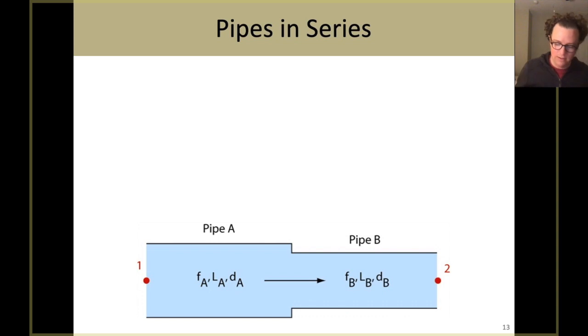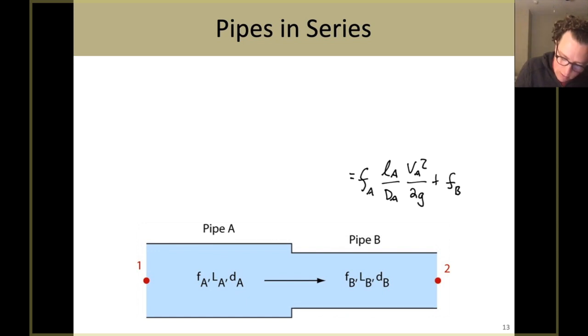So if you wanted to know the total head loss, you could do the friction factor in A, length of A over diameter A, velocity in A squared over 2g, and add to that all of those same quantities for pipe section B, VB squared over 2g. Right. So everything that you've already done, just adding it to itself again. Right? Major loss plus major loss.